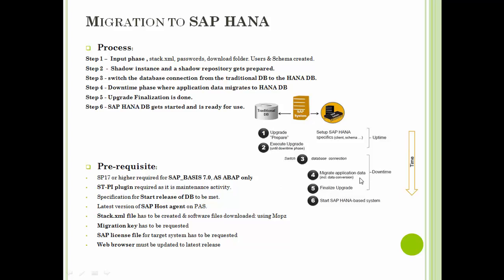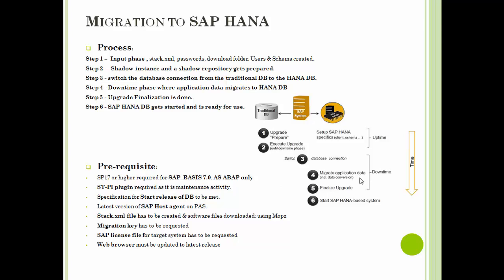And during step 4, once the application data is migrated, we proceed to step 5, where the finalization of the upgrade and migration activities takes place, during which the switch of the SAP system to the new kernel supported by HANA database, that is basically the 740 kernel, is made.